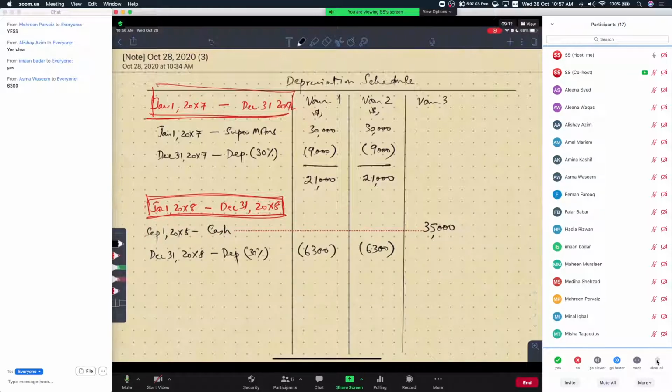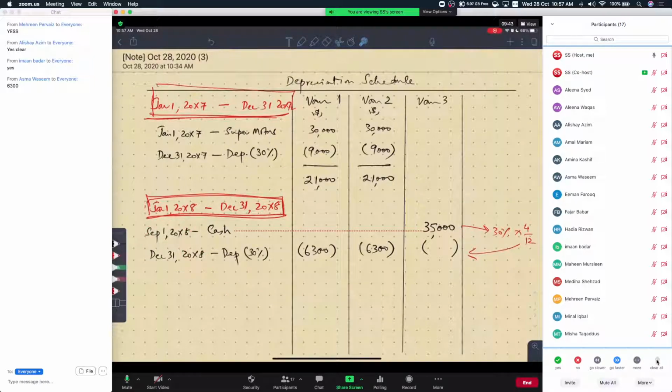So when we calculate depreciation for the third van, we are going to calculate it as 30% times 4 over 12, and that is going to be this depreciation charge. Do we agree that it should be 30%, but it will be trimmed down to just 4 months out of 12 months, because this van was only used from September 1st, 20x8 till December 31st, 20x8, right?